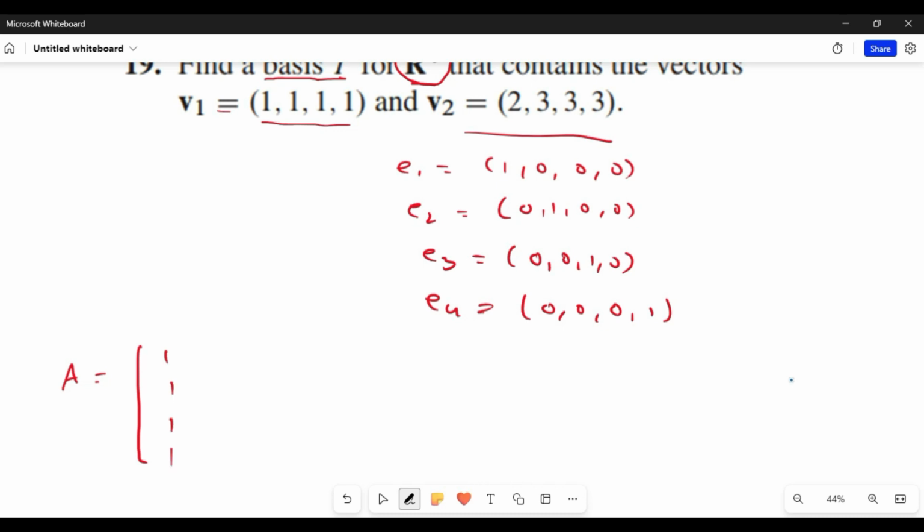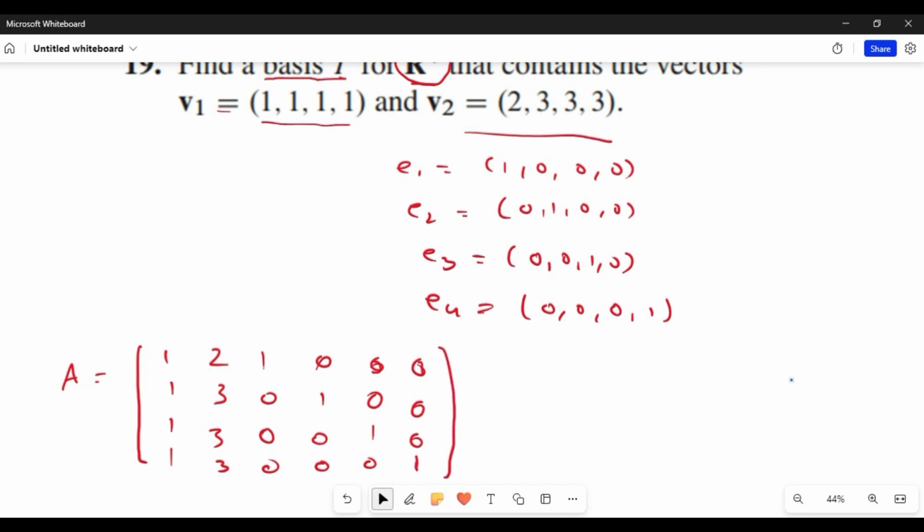Second vector v2 is 2 3 3 3. Now all unit vectors: 1 0 0 0, 0 1 0 0, 0 0 1 0, 0 0 0 1. So we have selected all the vectors in the matrix as columns.